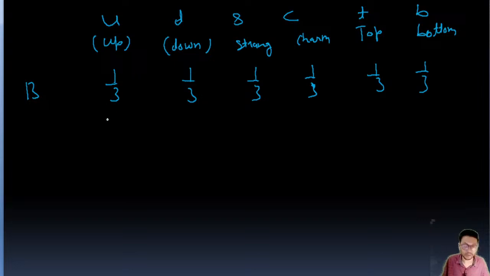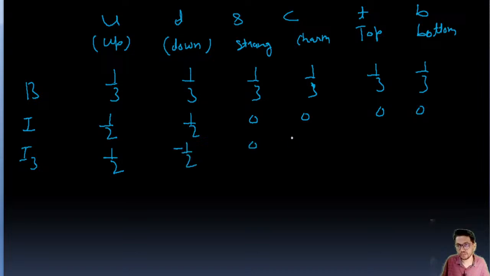That is the baryon number. And I, that is isospin: for up 1/2, for down 1/2, and for the others 0. If you talk about I3, for up 1/2, for down minus 1/2, the remaining are 0. Important chart.